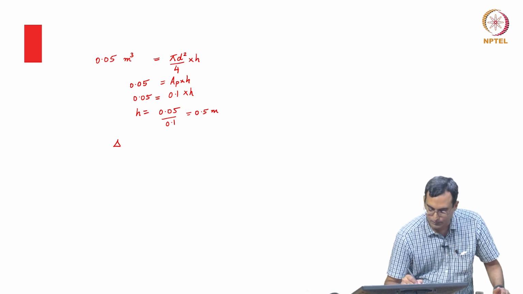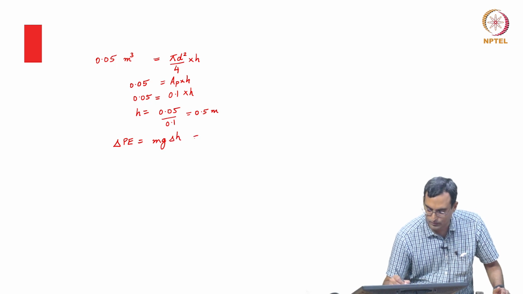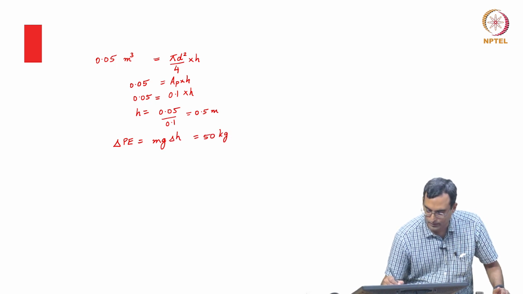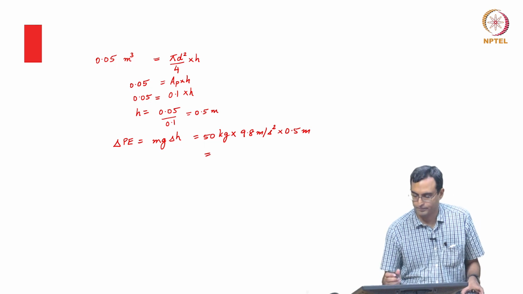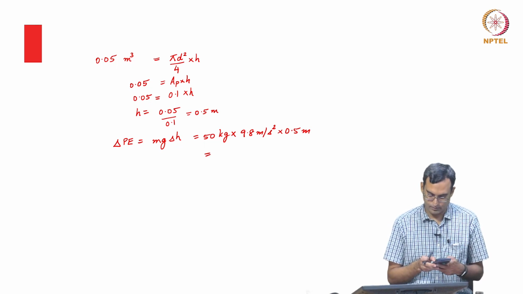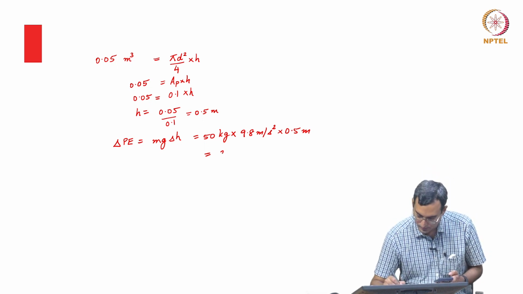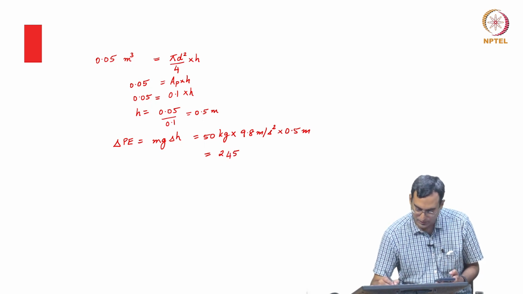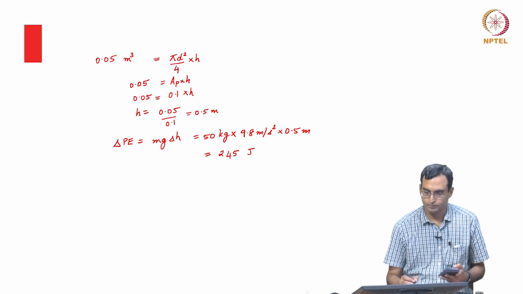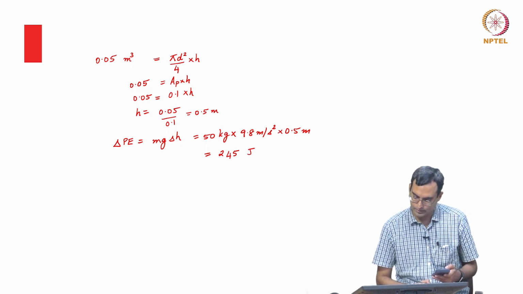So, the change in potential energy of this piston is essentially this value, 50 kg into 9.8 into the height, which is 245 joule, if I have done this calculation correct.